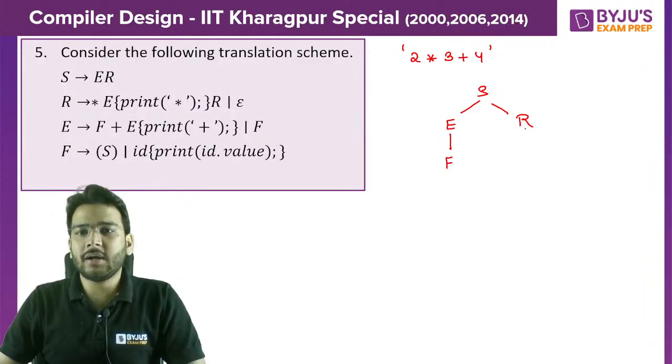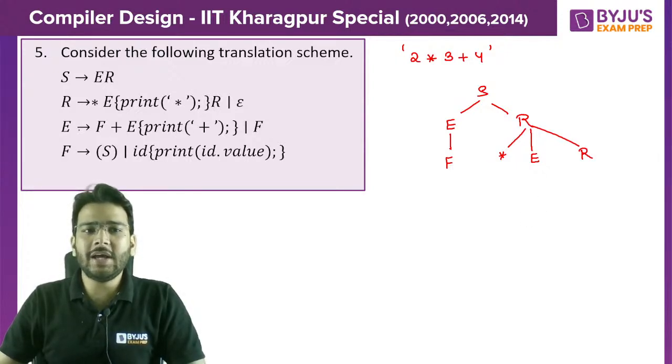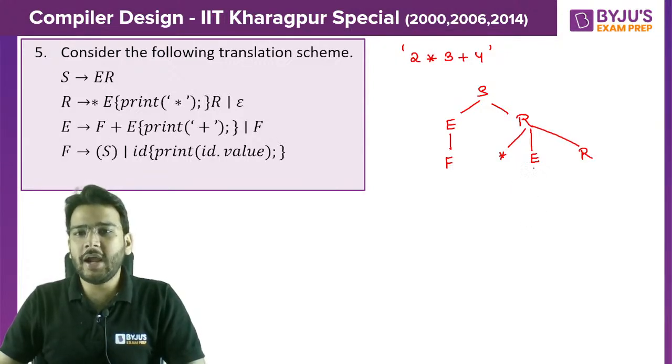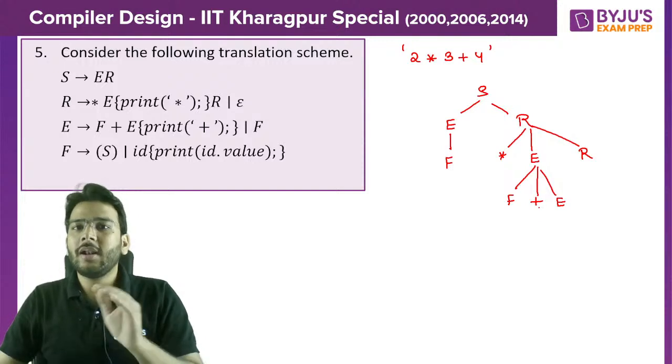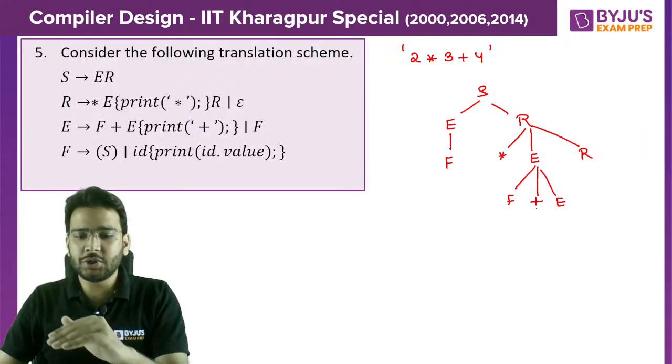Now from R I can get this star, and here I can get this E. And here I can write this R also. Now I need plus also, and from E I can get plus. So here I can write F plus E. I'm going to use this production. Later on I will be adding the translations, not now.